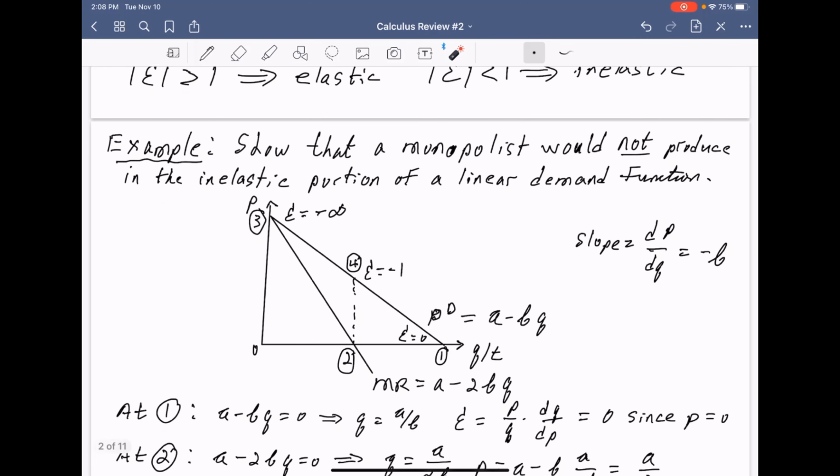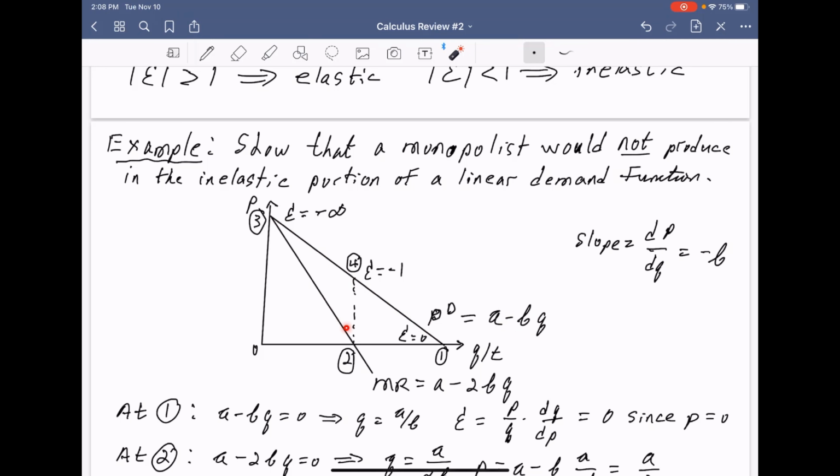So let's look at an example. In this case, we're going to show that a monopolist would not produce in the inelastic portion of a linear demand function. So here we have our demand function, which we describe using this equation here, where the demand price is equal to some A minus BQ. A is the intercept here on this axis at point 3, and minus B is the slope of the demand curve here.